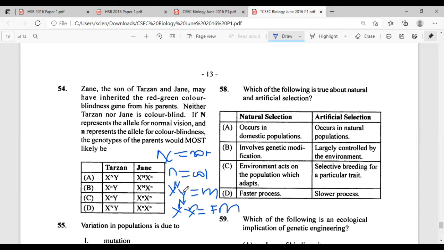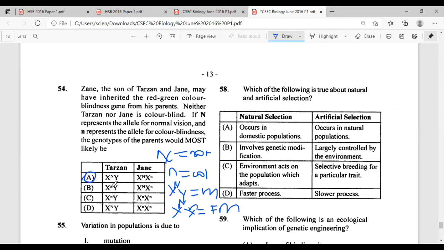So Tarzan's parent gene must look like the father has capital N, the mother has one capital N and a small n. All right, so that is definitely A.